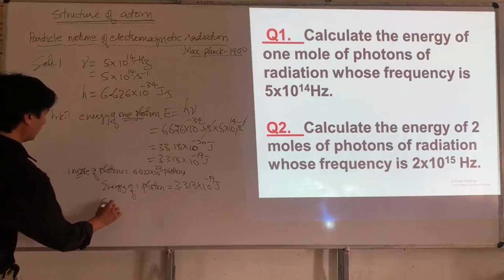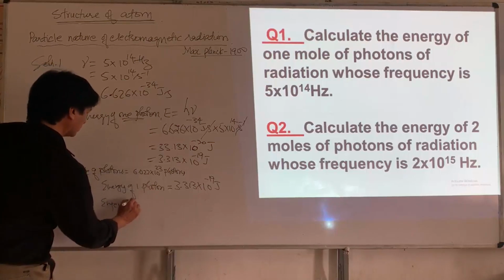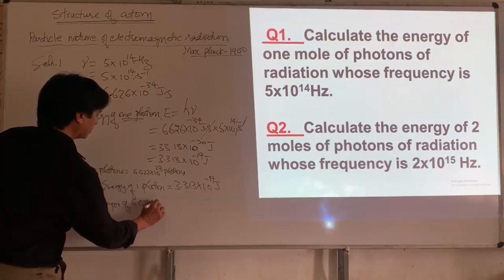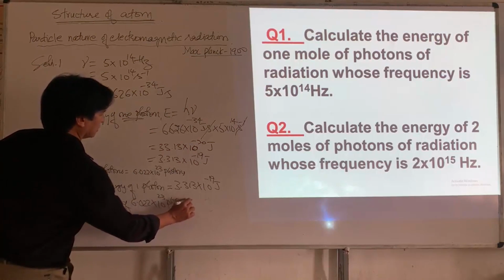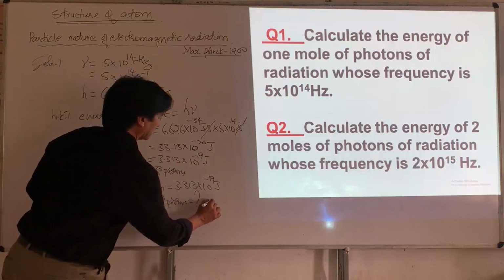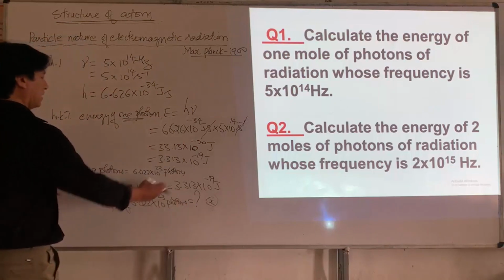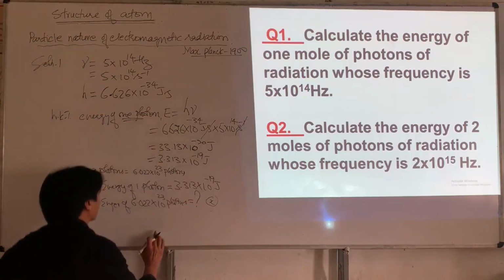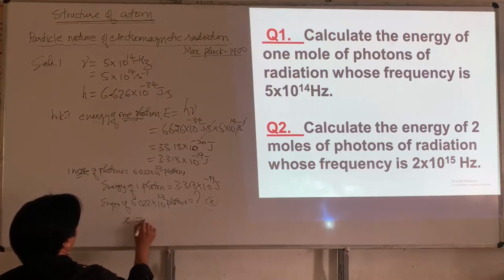So 6.022 × 10^23 photons is equal to how much energy? You can take this as x. Now we cross multiply and we'll get the value of x, since this is a case of direct proportion.